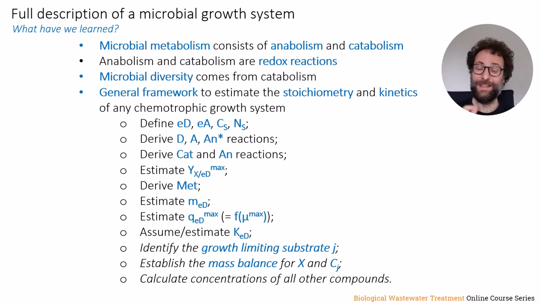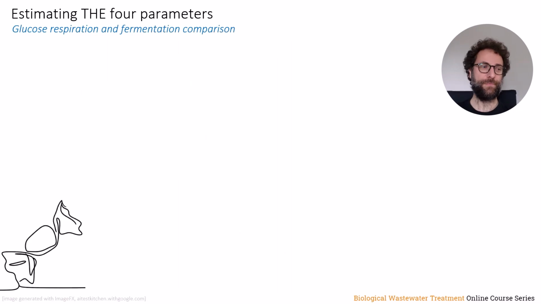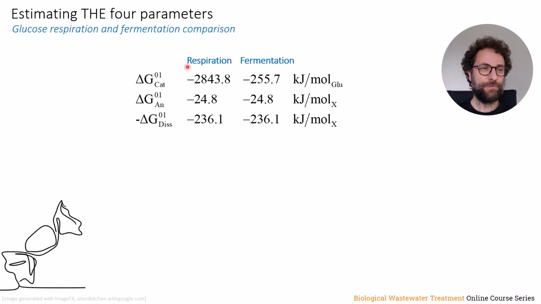Before doing so, let me have a recap session that is greatly inspired also by the lectures of Robert Clara Basin, where we discuss the implications of all what we learned. So let's compare respiration and fermentation of our candy. What we have seen is that while in terms of anabolism, both metabolisms rely on glucose as carbon source and electron donor.